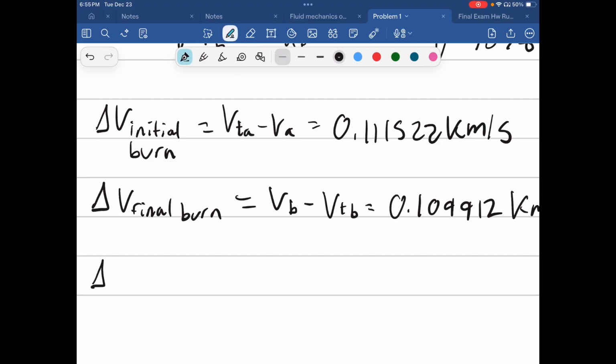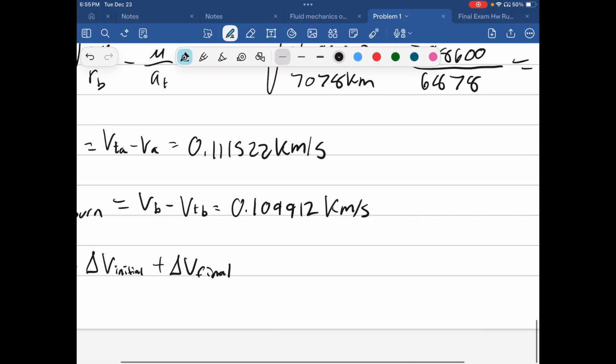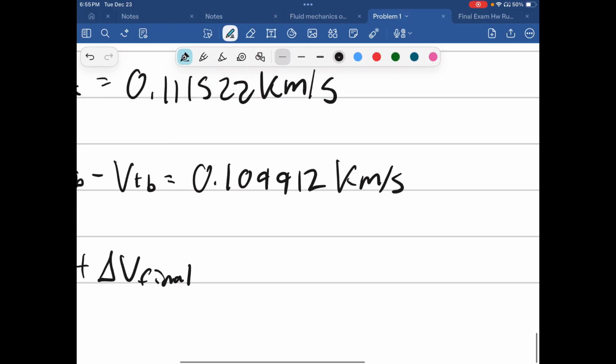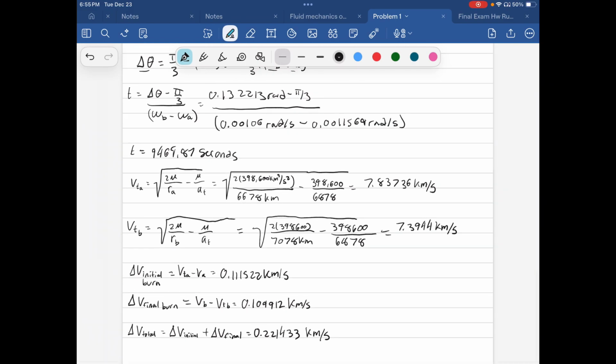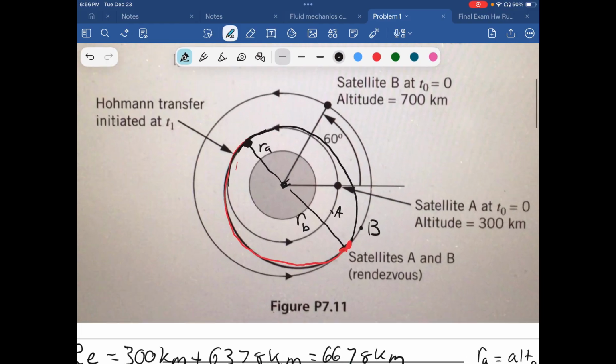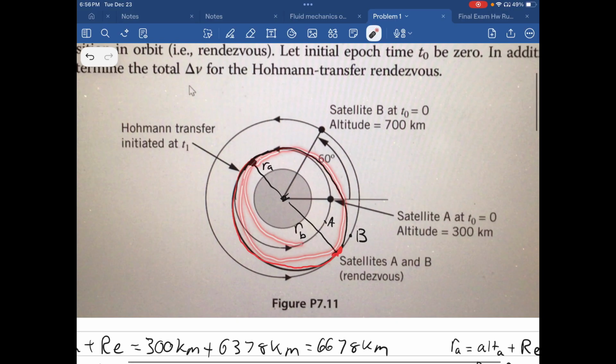If we want to find our total delta V throughout the entire mission, it's going to be delta V initial plus delta V final, because we're just adding up the velocities from those two burns, and that's going to give us 0.221433 kilometers per second. So that's the total velocity change you'll have on this transfer orbit.